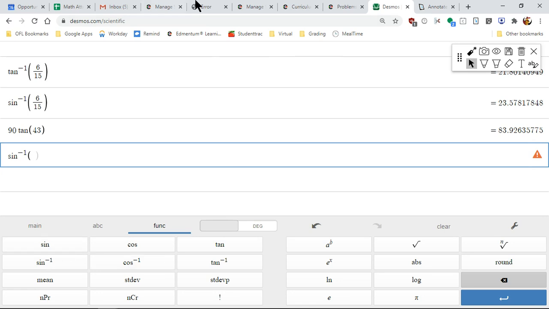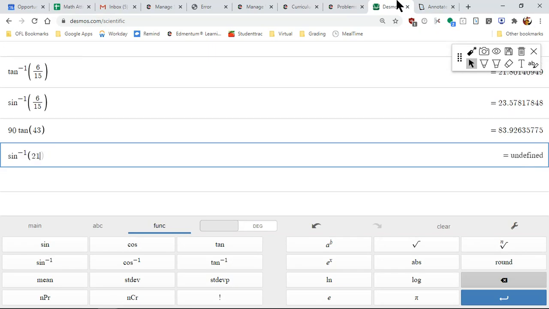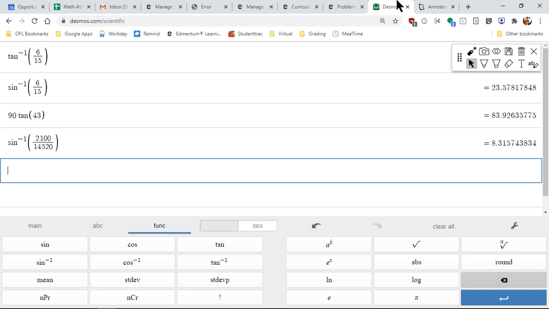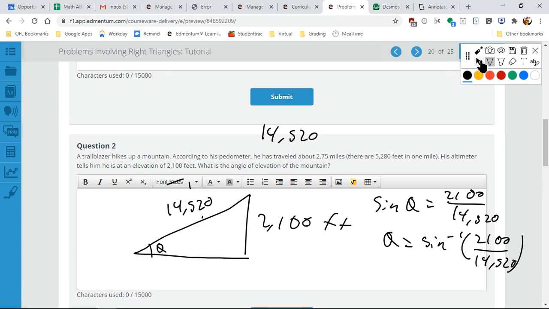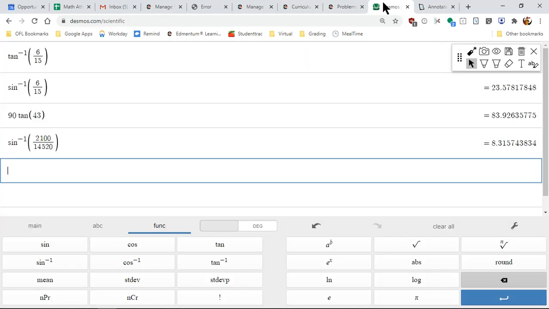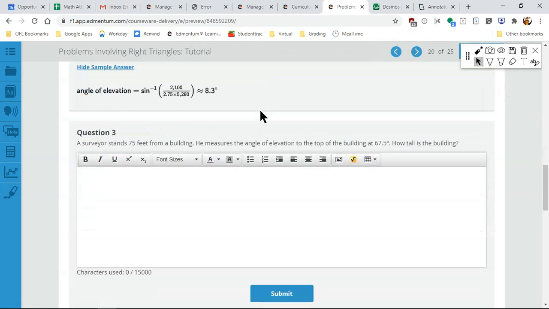Let me type this in: 2100 divided by 14,520. My parentheses, and I get 81.57 degrees. Let me look at the submission. 81.3 degrees. Oh, it is 81.3 degrees. I was looking at this top one first. Yep, so pretty accurate.